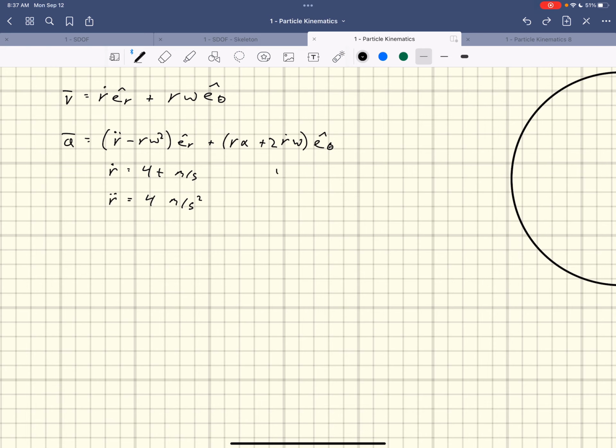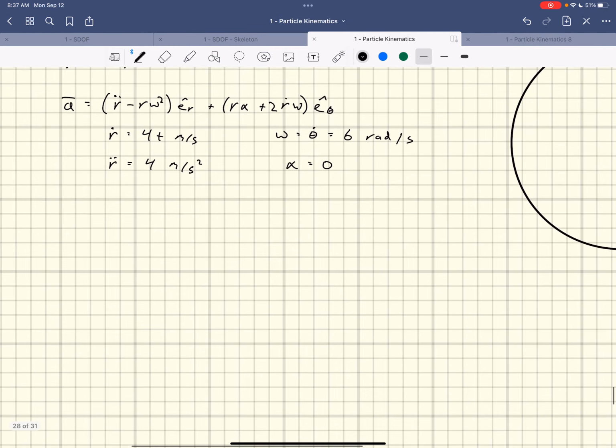Omega, which is also theta dot, they give to us as 6 radians per second. And so then alpha is equal to 0. Just kind of fill in all the components that I have, right? Because I just took the derivative of the velocity, which gives me the acceleration. The derivative of the angular velocity gives me the angular acceleration, so it's just constant, so that goes to 0.